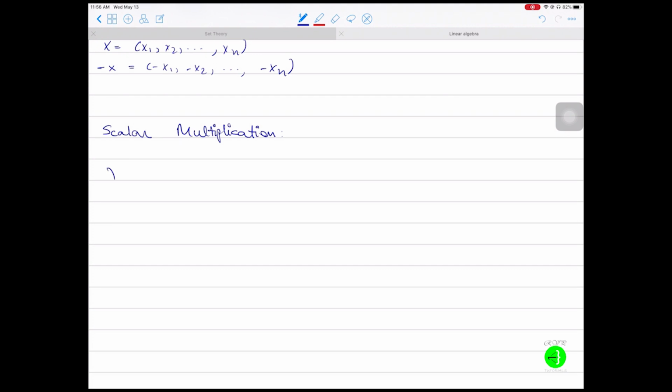And we define that product as, for a number lambda in F and a list x in Fn, such that x is x1, x2 up till xn, we define the product lambda x as lambda x1, lambda x2, so on till lambda xn.